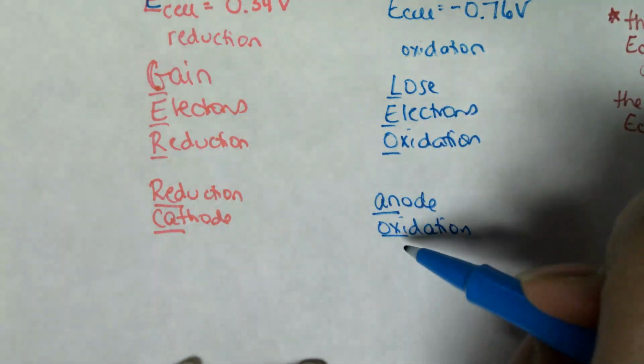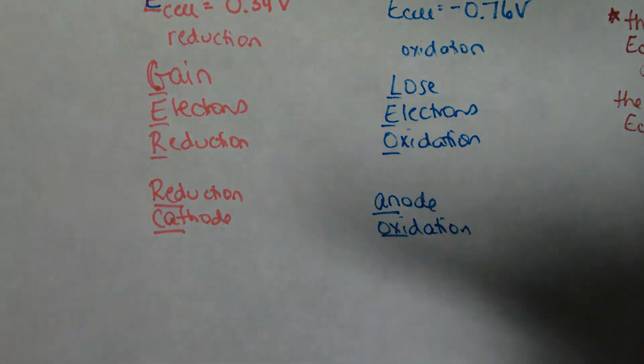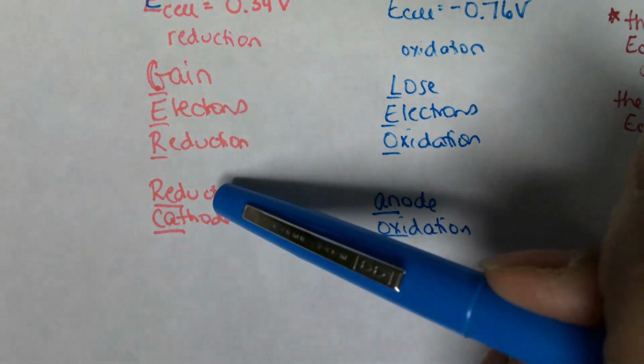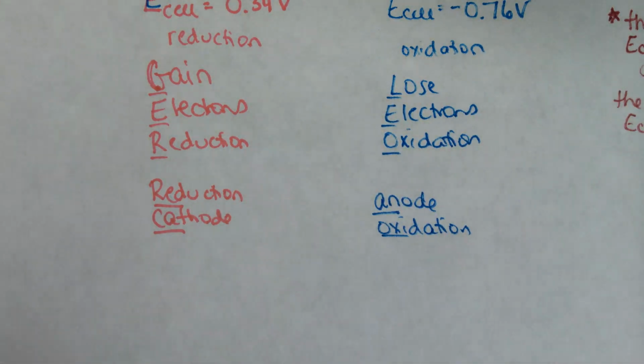So An Ox helps us remember anode is the site of oxidation, and the red cat helps us remember that the cathode is the site of reduction. All right, a lot of stuff to remember here.